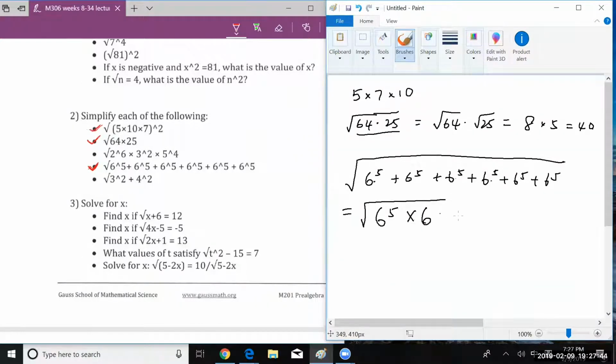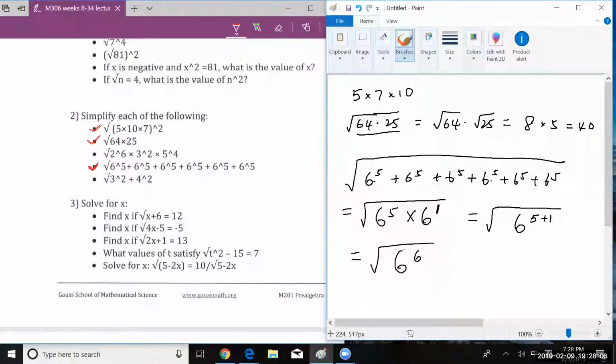When you multiply by 6, it's the same as multiplying by 6 to the 1st power. So remember exponents, when the base is the same, what do you guys do? You add the exponents together. So this becomes 6 to the 6th power.